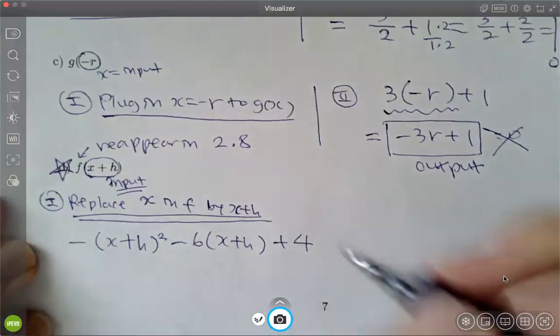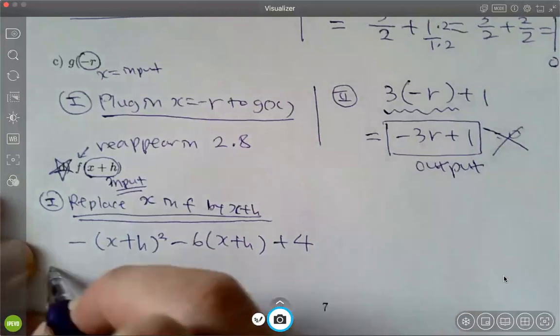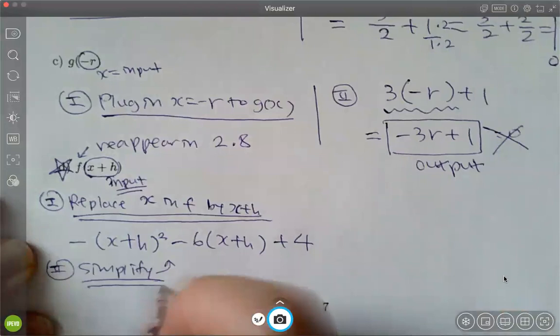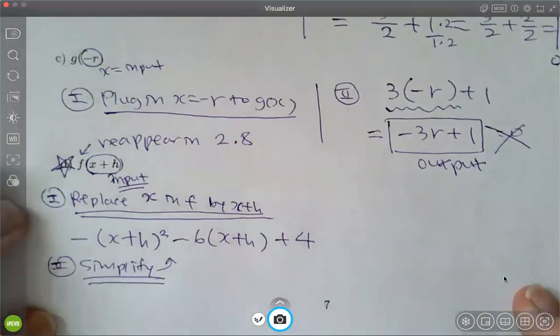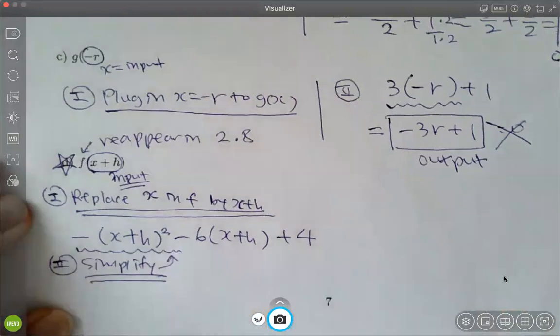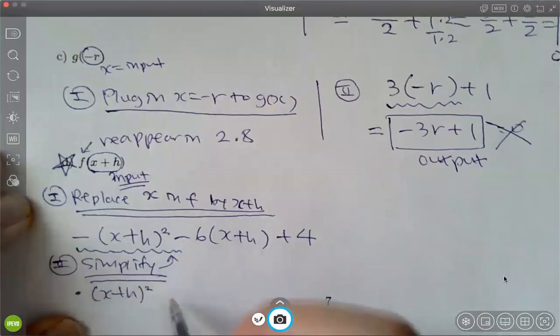And now, how do we simplify this? What do we do first? So, for example, how do we simplify negative x plus h squared? What do we do first? Negative sign or square? Square. The square, right? Yes. So, x plus h squared. What is that equal to?